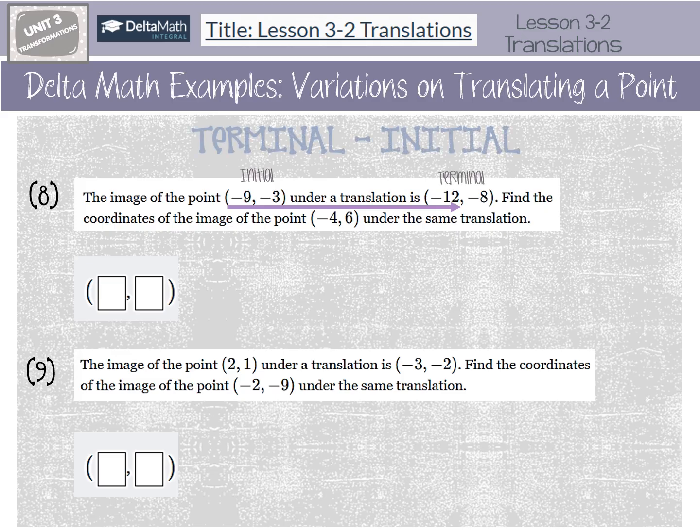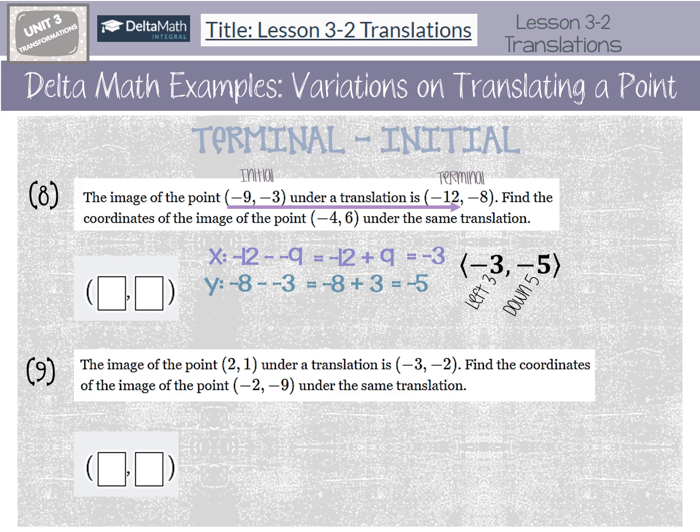Terminal minus initial is going to give us our vector. So -12 minus -9 is -3. And -8 minus -3 is -5. So there's our vector. We need to use that with the point (-4, 6) to get where the image point is going to be. So subtract 3 from our x and subtract 5 from our y, and we're at (-7, 1).